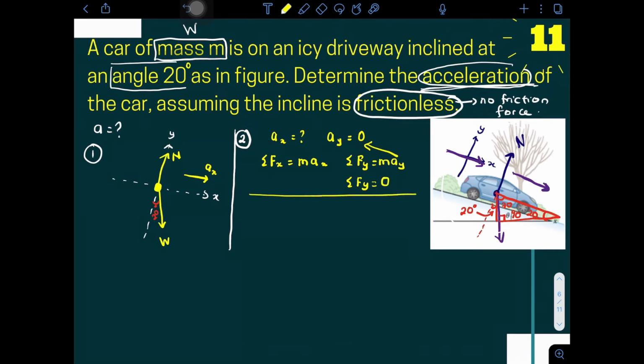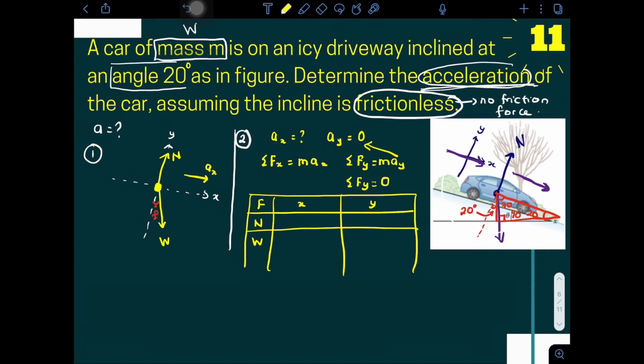So put it in the proper table. Let's draw the table first. This is forces, X component, Y component. So we have normal and weight over here, and total forces F. Normal is on the positive Y axis, so N is positive, 0 on the X axis.